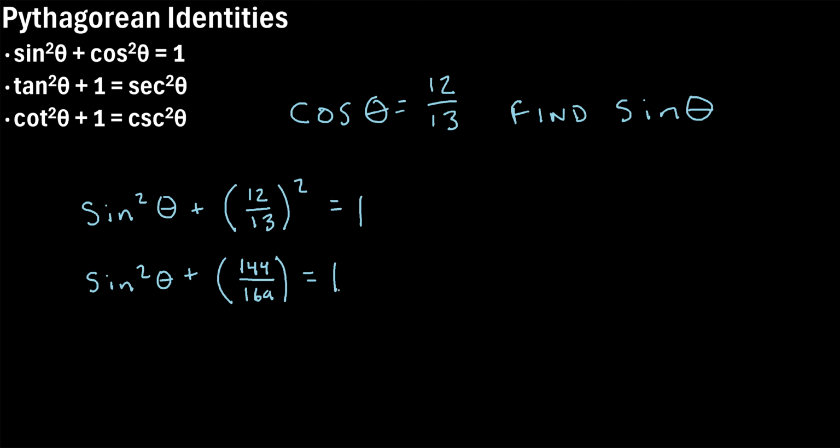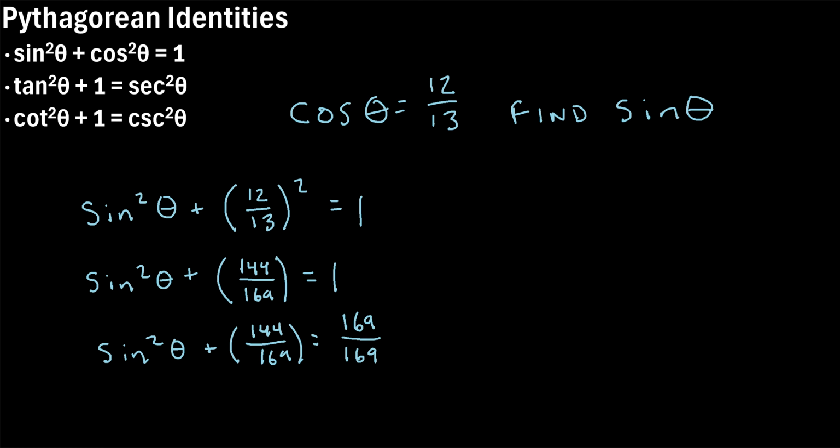It helps if we can write 1 as a fraction with the same denominator as 169. So that would be sine squared of theta plus 144 over 169 is equal to 1 as a fraction with the denominator of 169, which would just be 169 over 169, because that's still equal to 1.